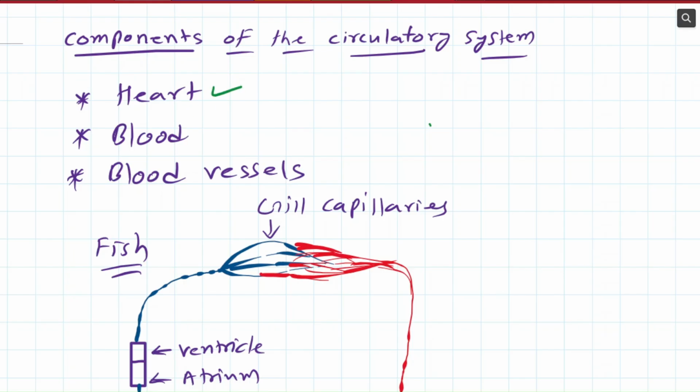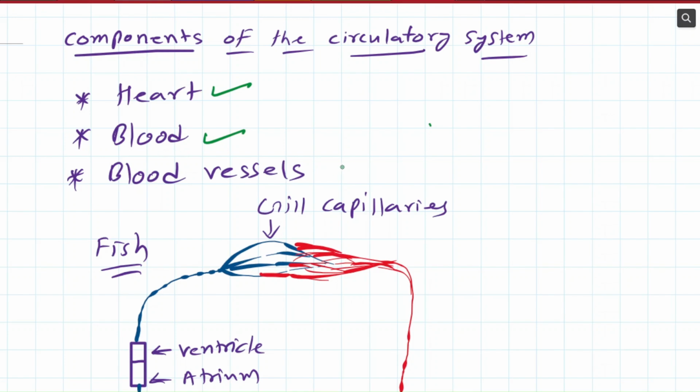Here, first and major part is heart, which is the pumping organ, pumping blood to different part of the body. Second is blood, which carries different components, includes red blood cells, white blood cells, platelets and plasma. Majority of this blood is water only.